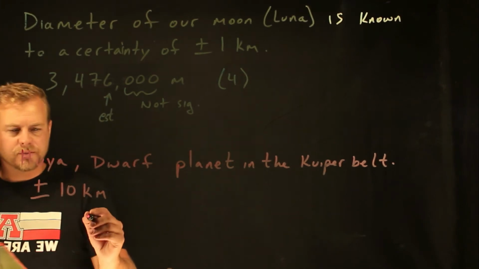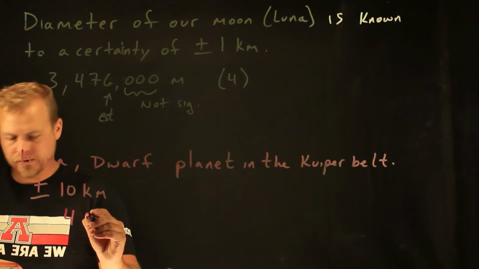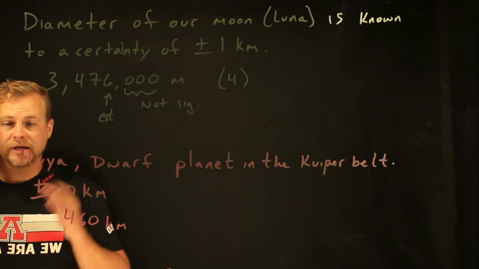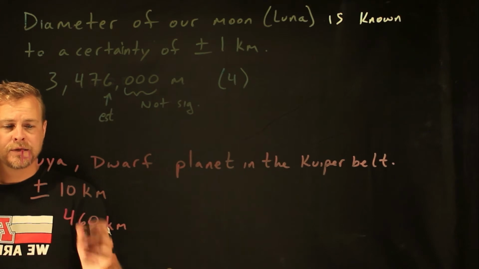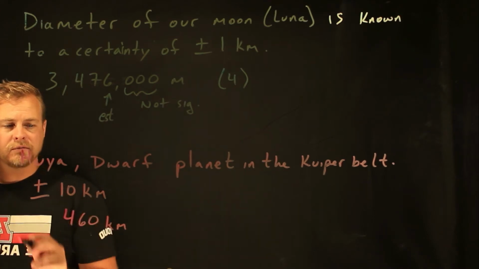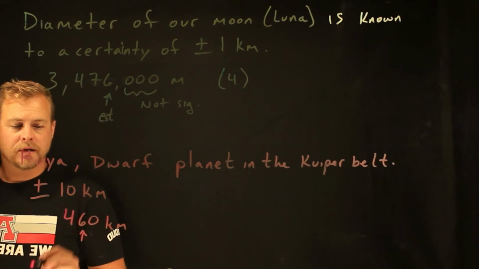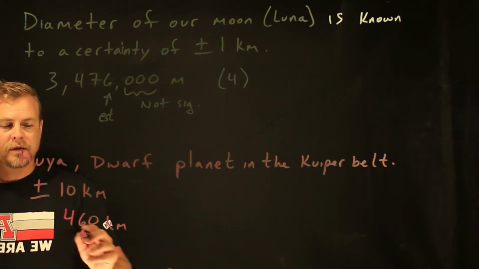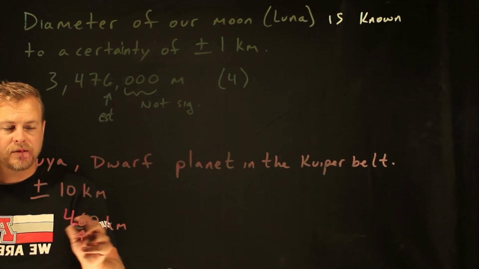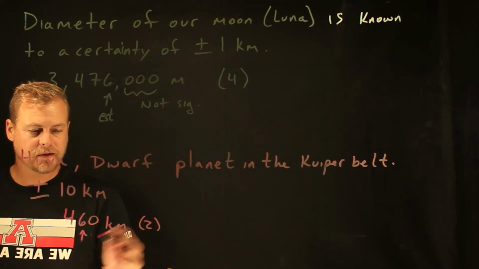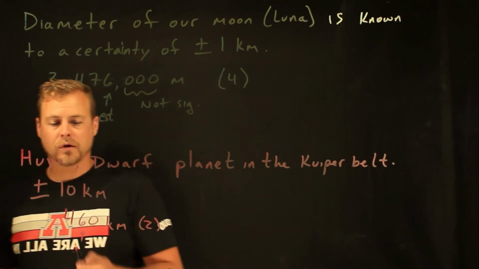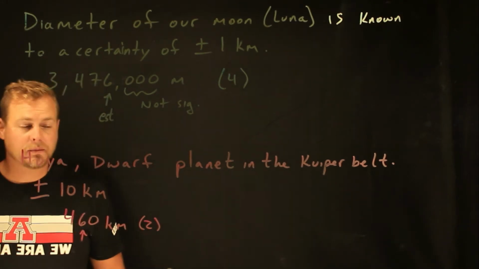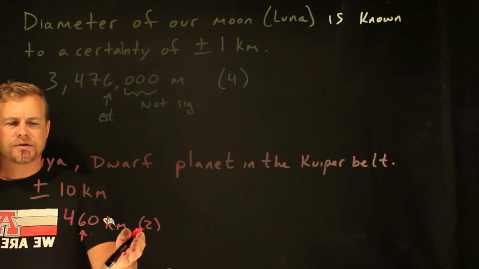Now when we took measurements of it, we found that it was 460 kilometers in diameter. But because I have an uncertainty of plus or minus 10 kilometers, I don't really know what that number is. Okay, so because of this, I only have 2 significant figures here. So this could be 450 kilometers in diameter, it could be 470 kilometers in diameter. I have a lot less certainty.